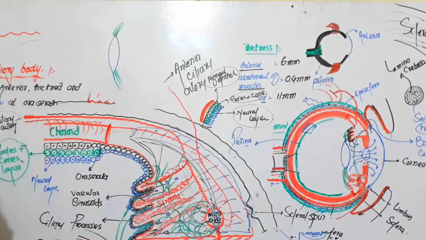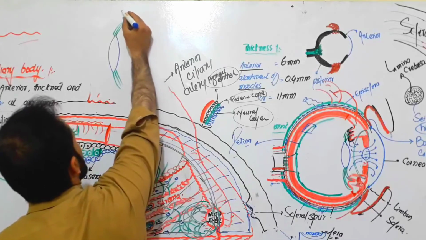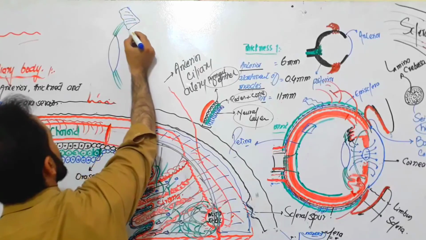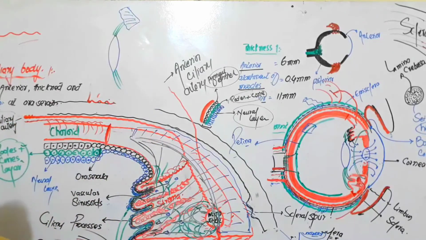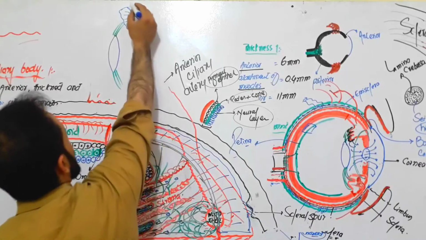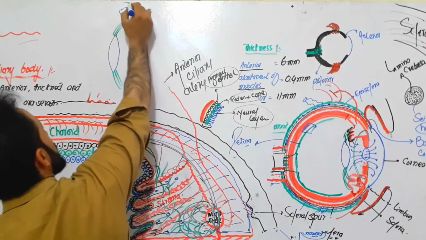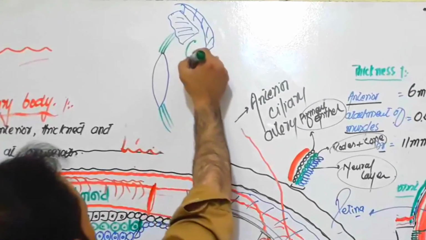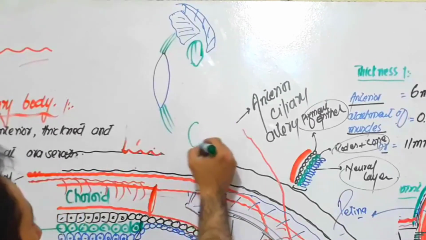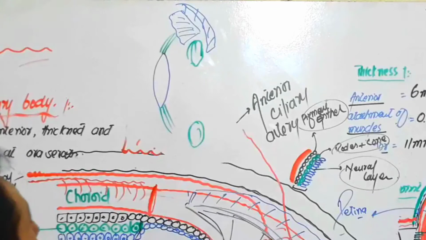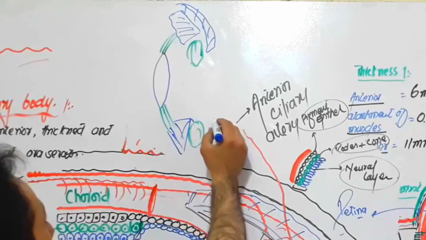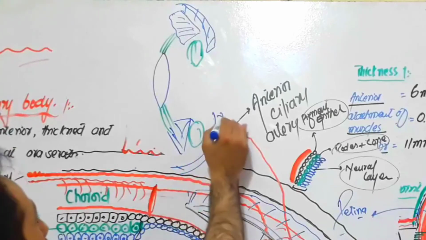Then we have here the muscles. So these are the radiating fibers which are attached to the muscle, and then we have the longitudinal layer, and then the circular layer of muscles, and also here at the lower part. Like this. So these are the muscles.